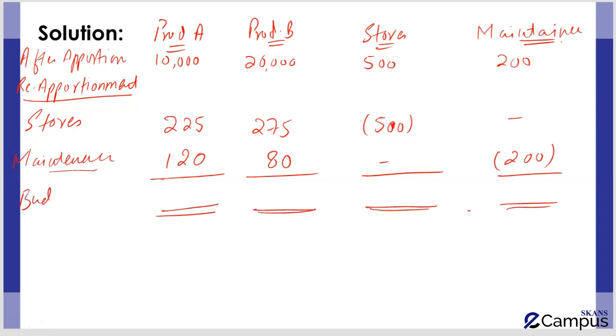Budgeted production overheads: the total would be 10,345 and 20,355. After sharing the balance of stores and maintenance to production centers, the balance will become nil for both stores and maintenance. So this is how we reapportion the stores and maintenance departments cost to production centers in the direct method.